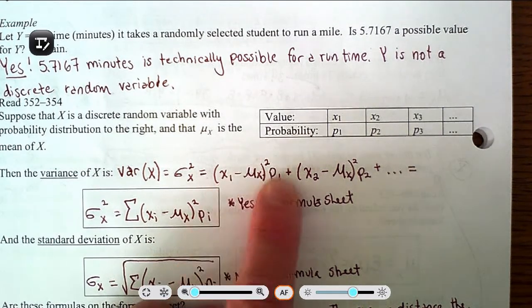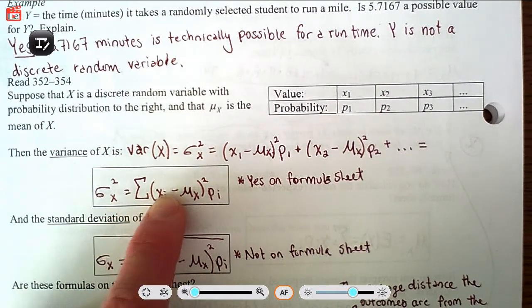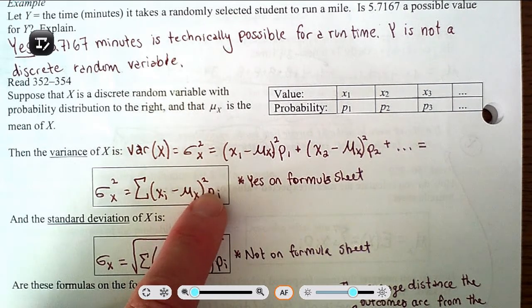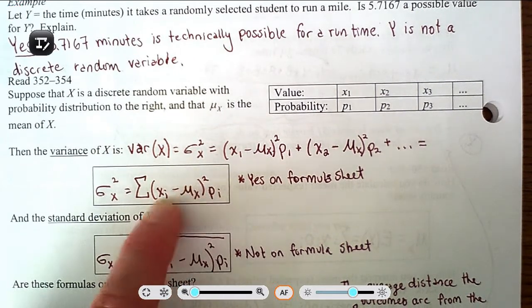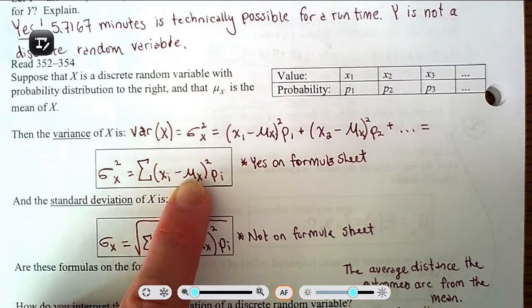This way we're weighting by the probabilities of each observation, so that more likely observations are weighted greater and less likely observations are weighted less, and we're finding the average squared distance each value is from the mean.